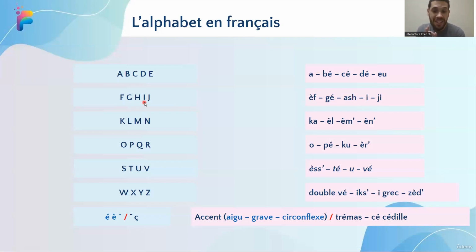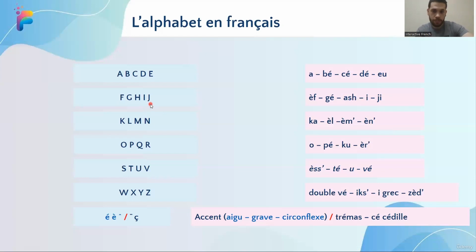Next, we've got I. I, okay? So I in French, we pronounce I, okay? Make sure you don't get it mixed up with the English one, right? This one here, I is I. Moving on now to J. J. So J would be J, okay?